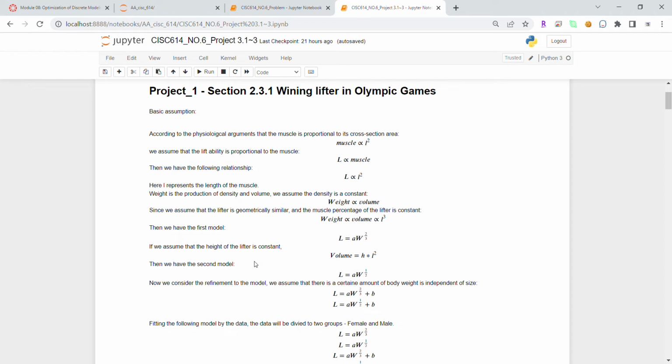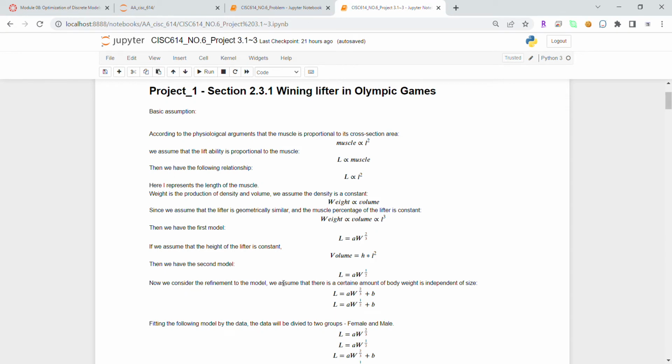So we have the second model, which is the lift ability is equal to a coefficient times the weight to the 1/2 power. And so now we consider the refinement to the model.